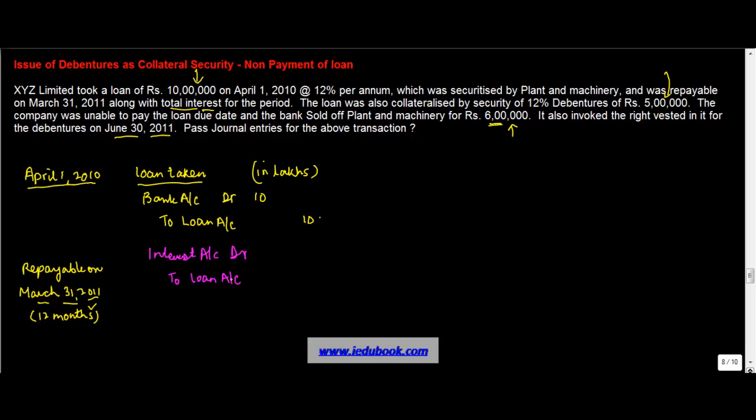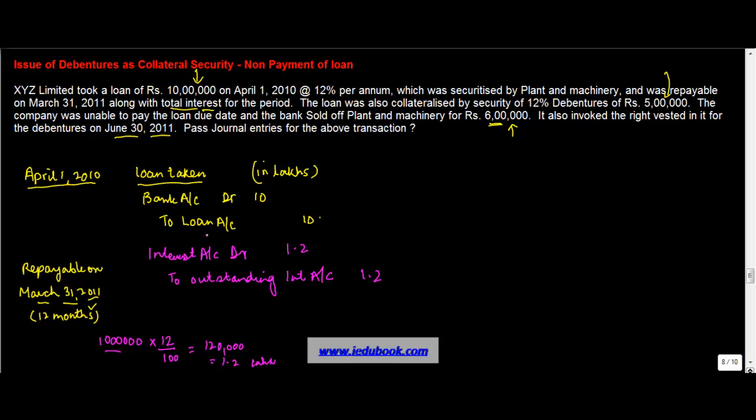Or otherwise, instead of loan account, you can just credit this to outstanding interest account. Now on 10 lakh at 12% per annum, the interest for 1 year will be how much? 10 lakh principal into rate of interest. This will be 120,000 or 1.2 lakhs. So you put in 1.2 here and you put in 1.2 here.